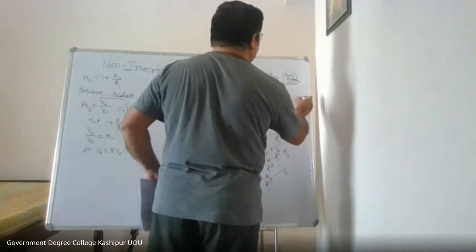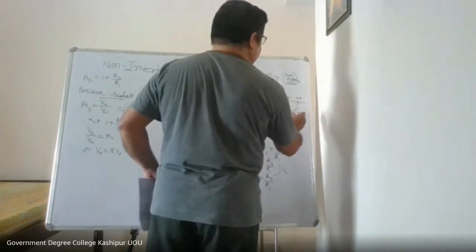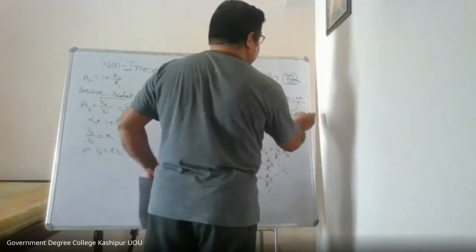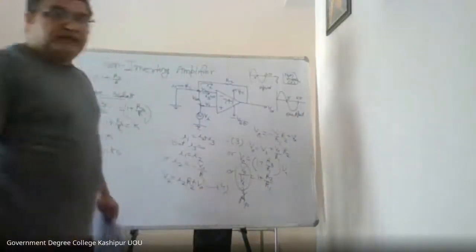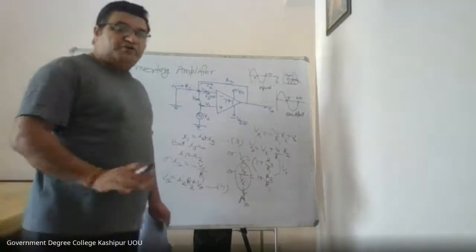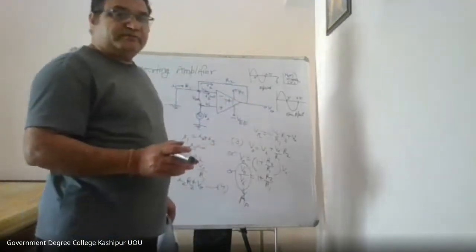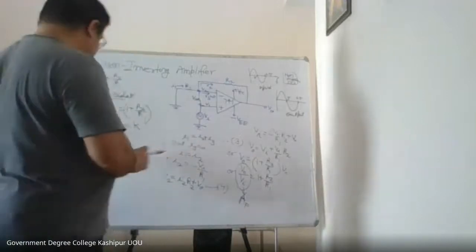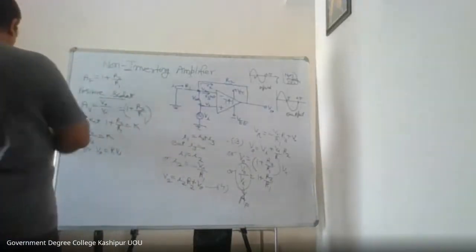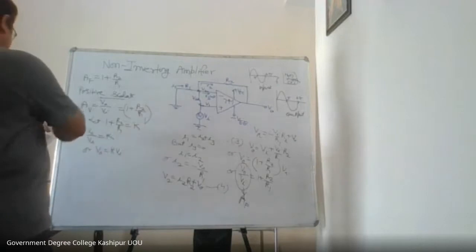This is the output. It means in the non-inverting amplifier, there will be no phase difference between output and input. Output will be in phase with input. This was about the non-inverting amplifier.